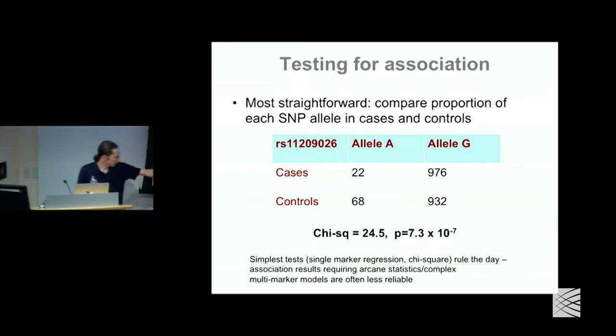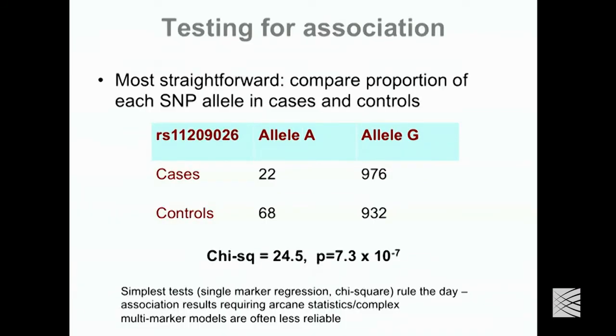We use slightly better regression techniques to control for all sorts of confounders in the phenotype and genotype space, but it's about as simple as observing that, gee, there's a lot more allele A in controls than in cases proportionally, and attaching a statistical value to that.